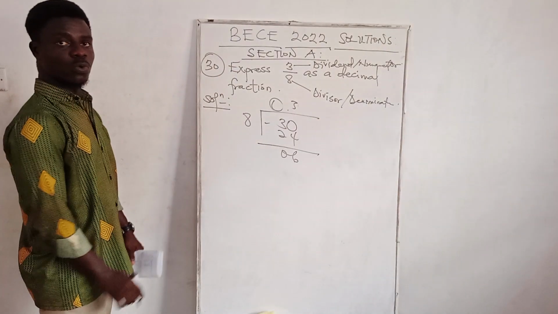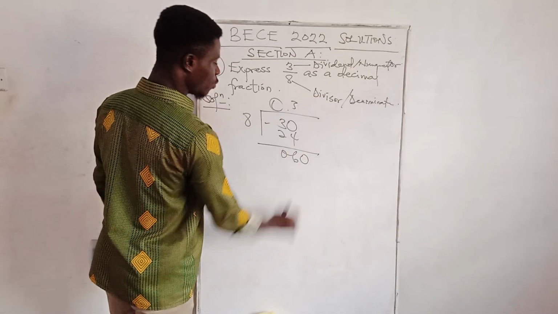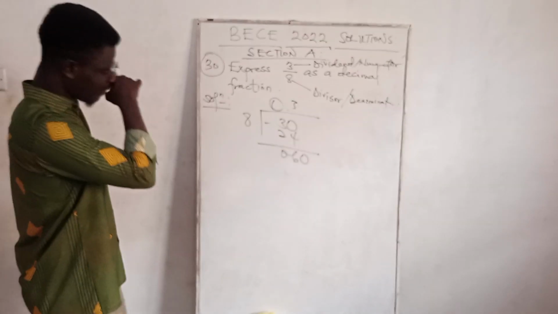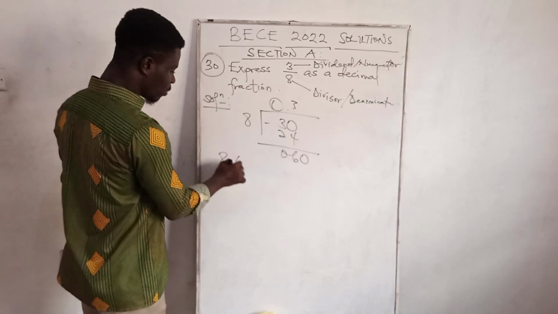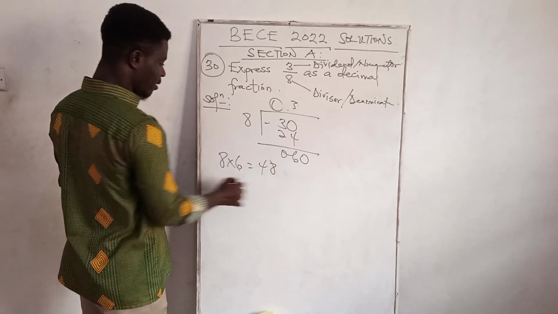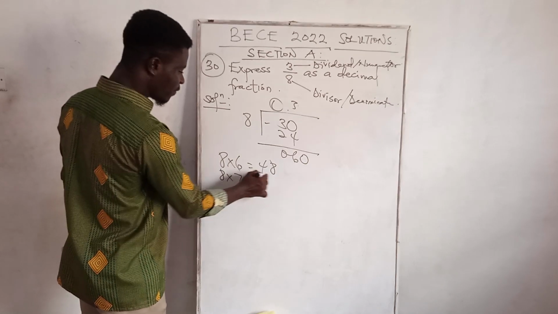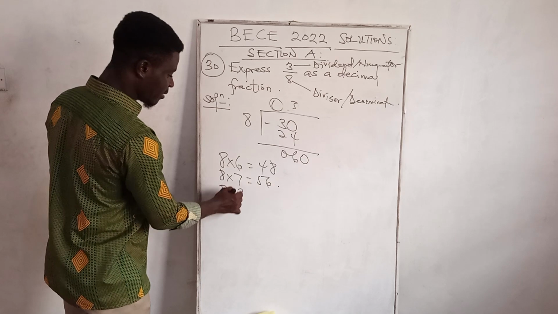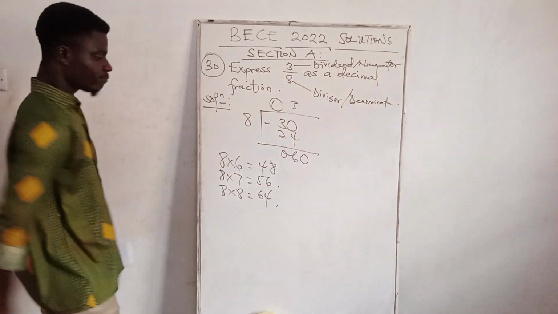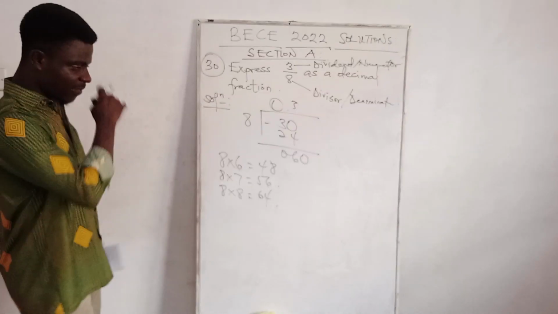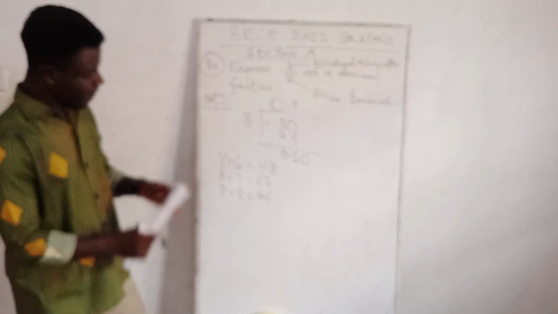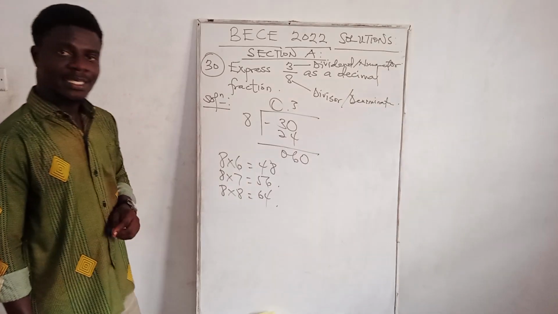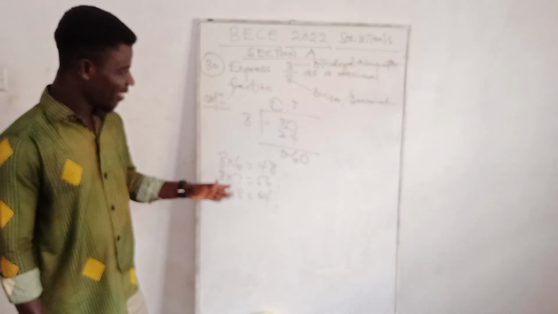Can 8 go into 6? No. So my 0, there is a point there already. So 8 into 60, let's see. 8 6s are 48, 8 7s are 56, 8 8s are 64.